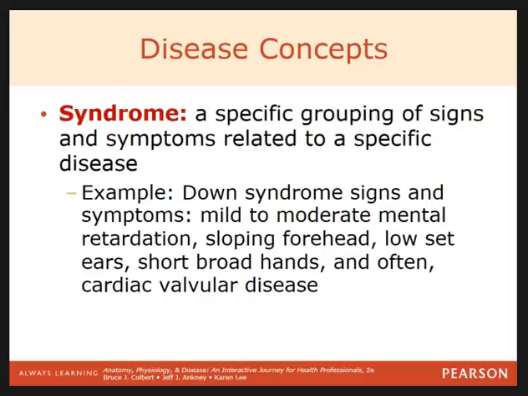Stevens-Johnson syndrome. It's kind of a hypersensitivity reaction to certain medications. Your book talks about the symptoms and signs of Down syndrome. So again, a syndrome is where there's a group of signs and symptoms related to a specific disease.